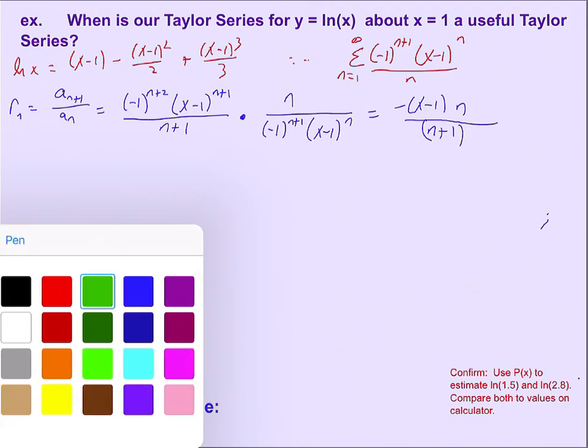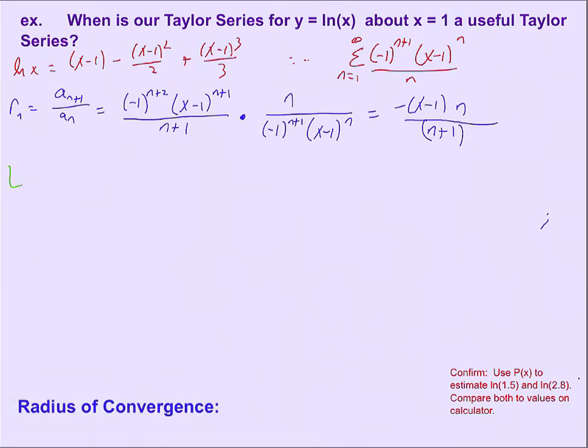So that's our next step, to take the limit of the ratio. See what we've done here. First we found the ratio of consecutive terms, and then we're taking the limit of the absolute value of this ratio as we get towards the far end terms, as we get to an infinite level of terms. So in this case, we can plug in what we just found: r sub n is negative 1 times x minus 1 times n over n plus 1.